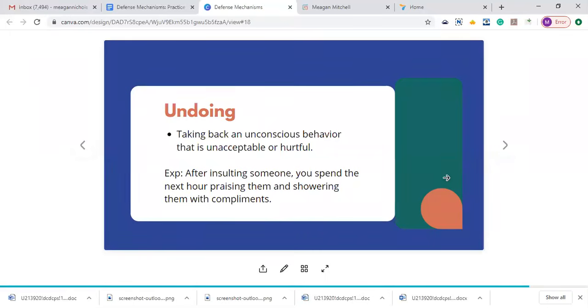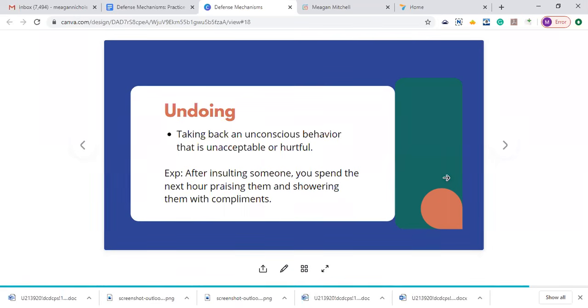Undoing. Undoing is taking back behavior that we have found unacceptable or hurtful. And people do this all the time. An example is you've insulted someone, and in order to undo this, you spend the next hour praising them, showering them in compliments, undoing that negative harm or those negative statements you made about them.